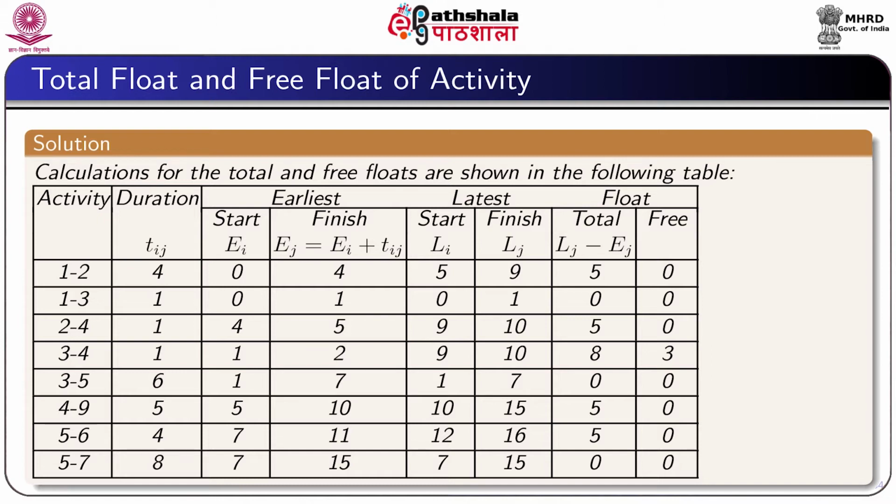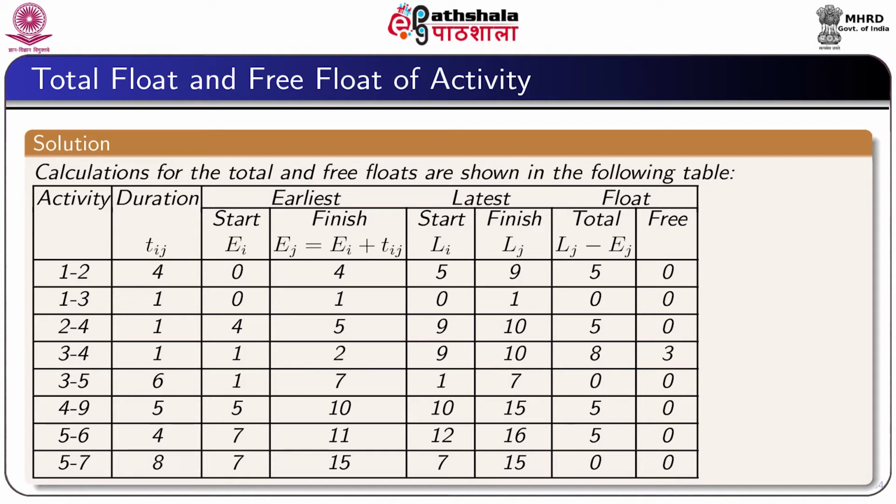Now, the calculation for the total and free floats is shown in the following table. In the first column, we list the activities. In the second one, we give the duration of each activity, and then we calculate the earliest start time and finish time, then the latest start time and finish time, and finally total float and free float.